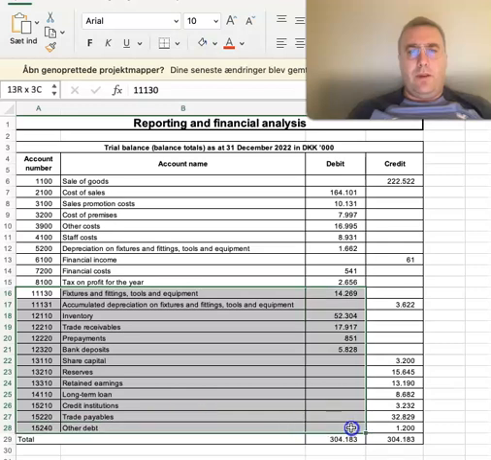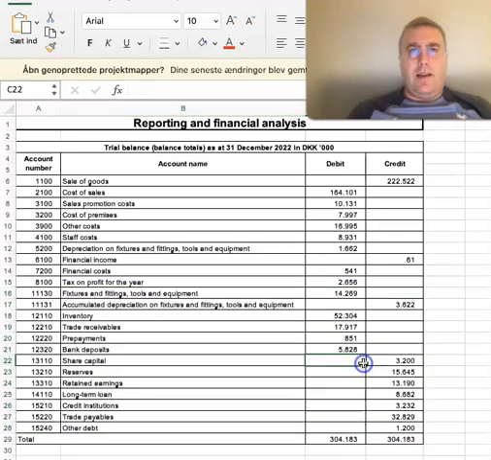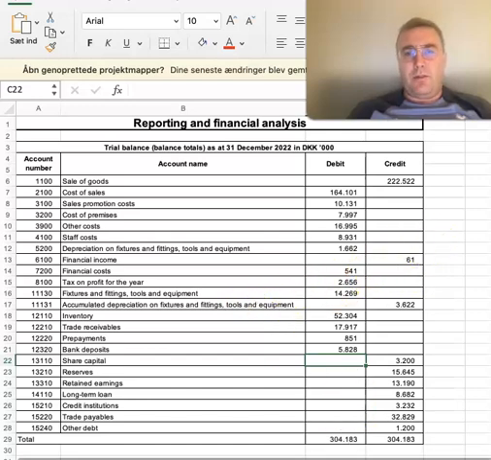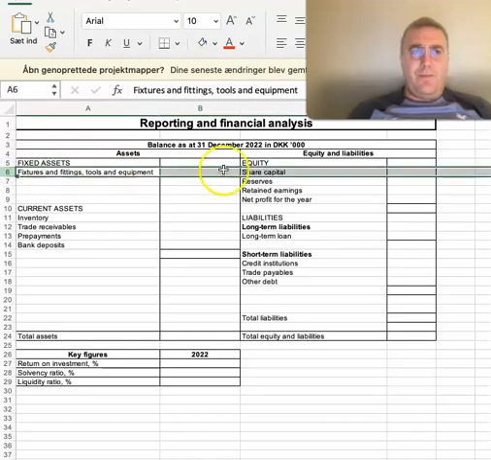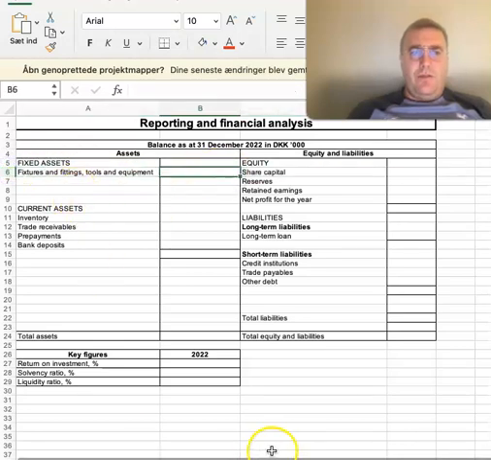And why do we need that? We need that because we need to look at the situation with how much assets we have first. As you see here, assets here. What you basically need to do is fill them in.